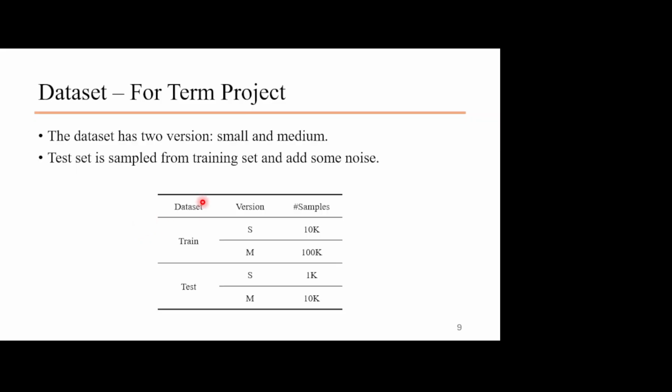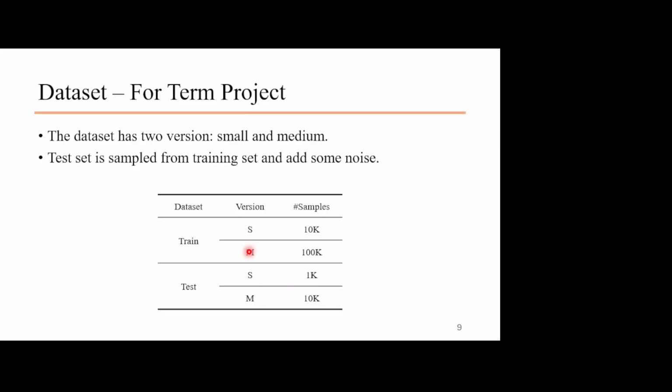But in order to control the difficulty, we build our own data set. So it has 2 versions. The first one is the small version. It contains 10,000 vectors in the training set, and 1,000 in the test set.